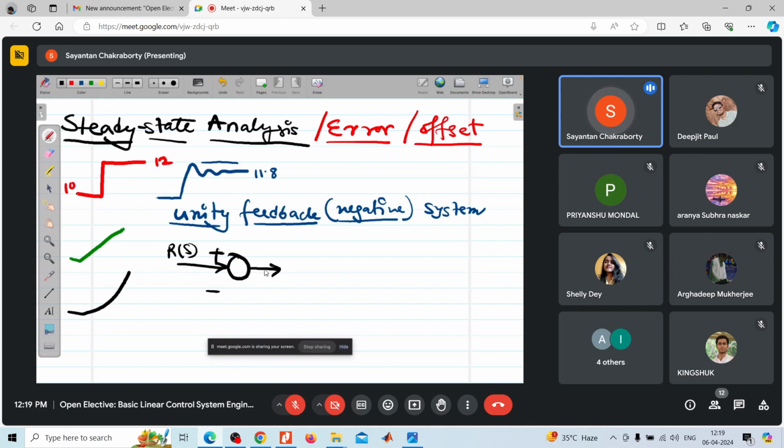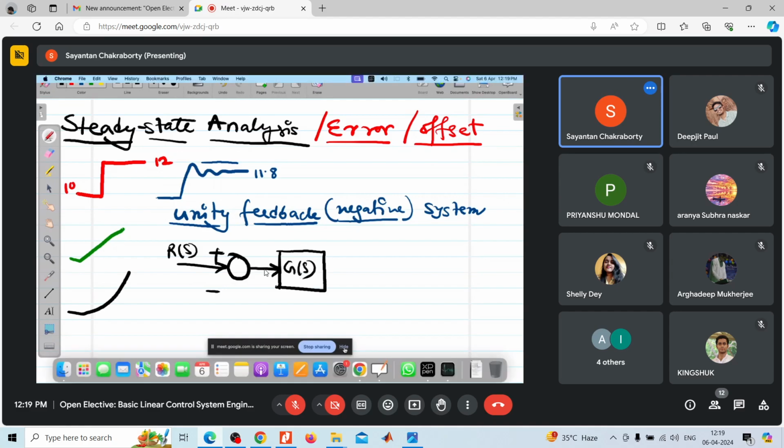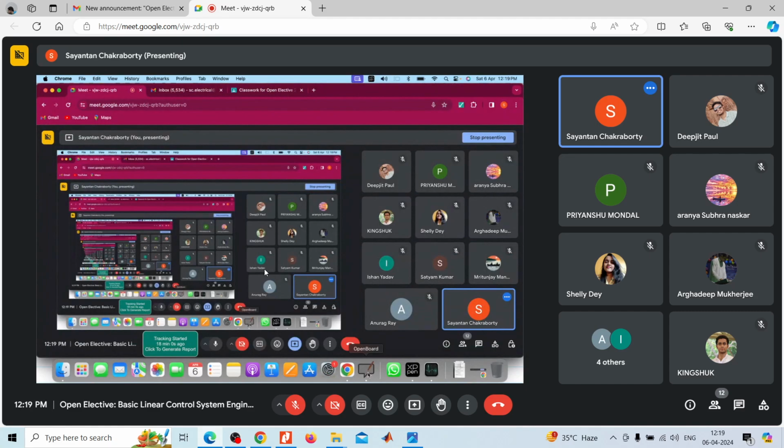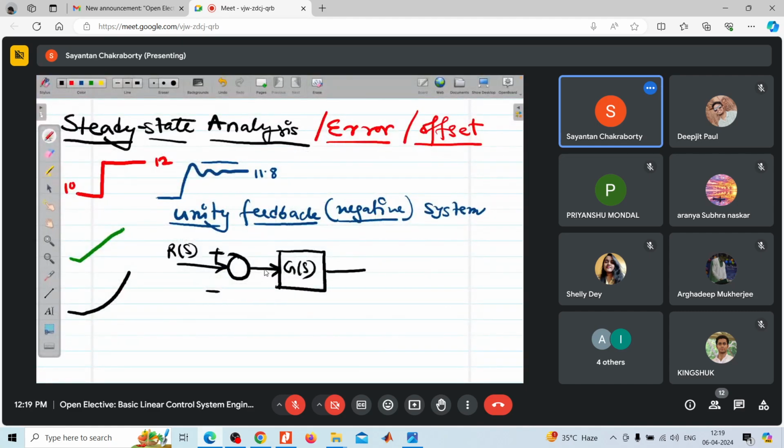I'll just put G(s) over here. This is the plant that you have. Whenever you feel that the screen is not visible, please interrupt me. So this is obviously the feedback scheme.